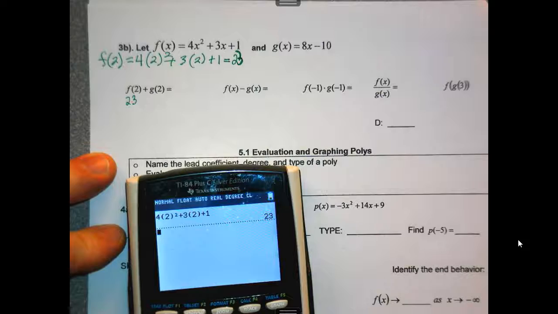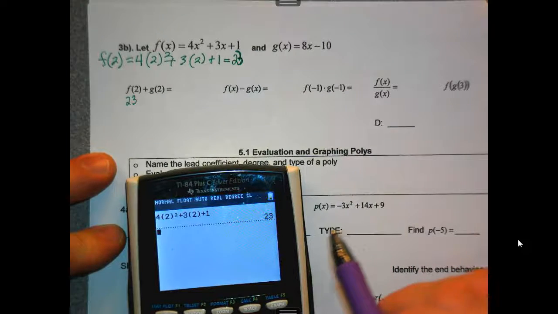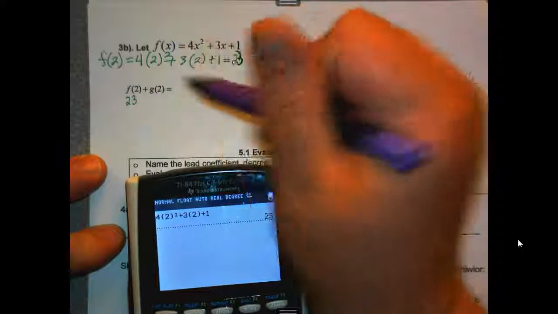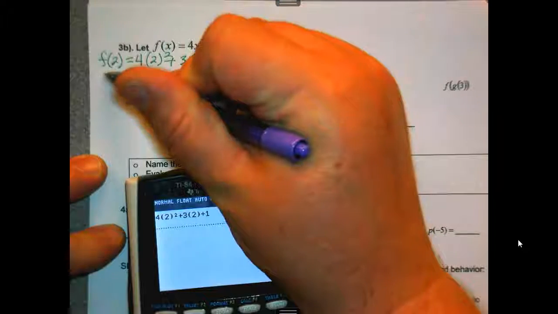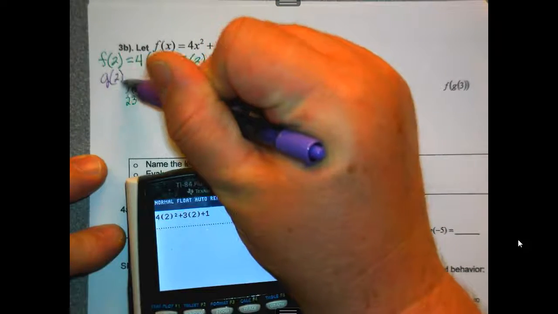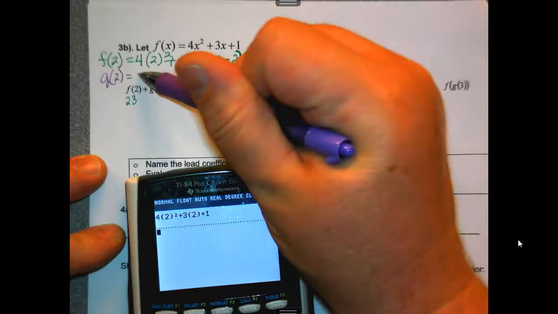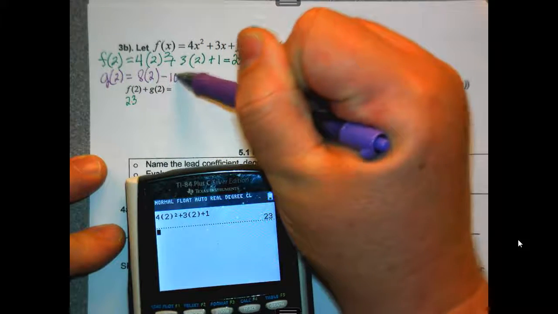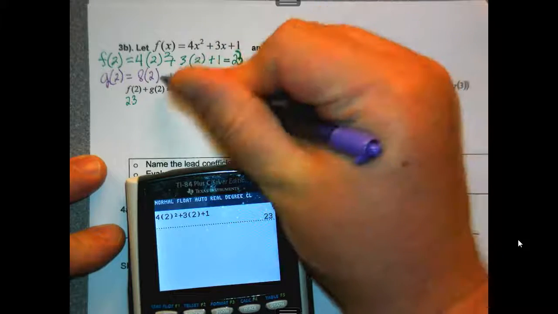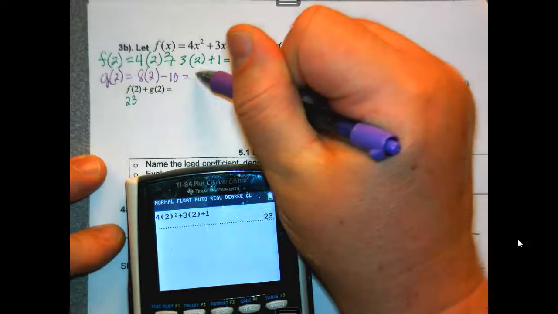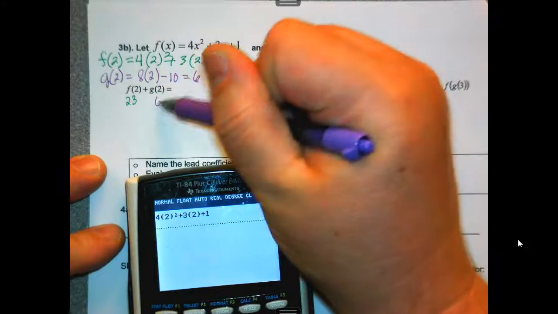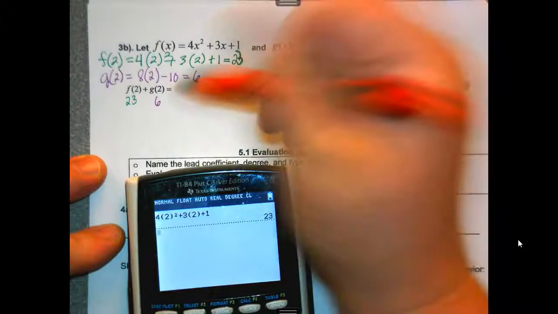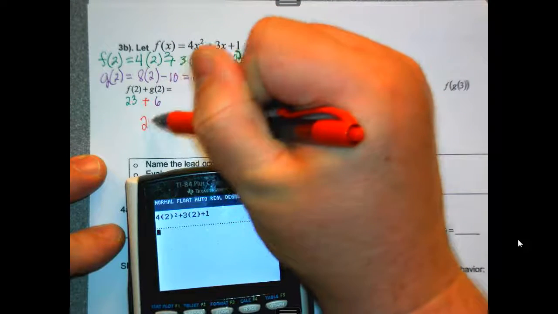I need to find g of 2. See, it's going to be 8 times x, which is 2, minus 10. 16 minus 10 is 6. Add those together, I get 29.